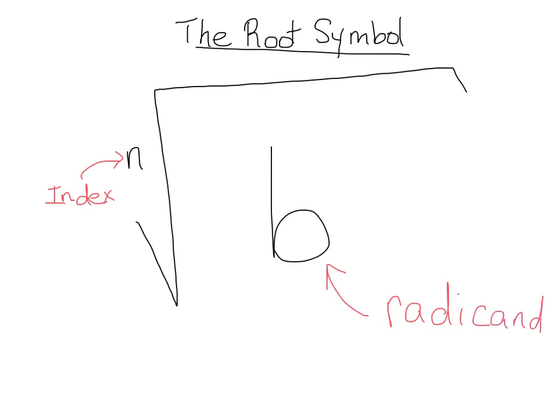So the first example we did, we were finding the square root of 25. So in this case, the index was 2, and the radicand, I like how that sounds, was 25. All right, so the number under the square root sign is our radicand. And, of course, this is just our radical sign.